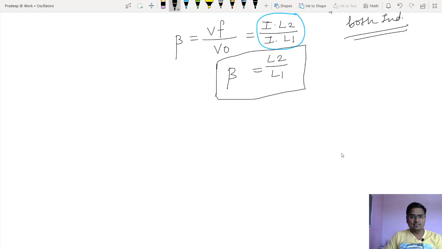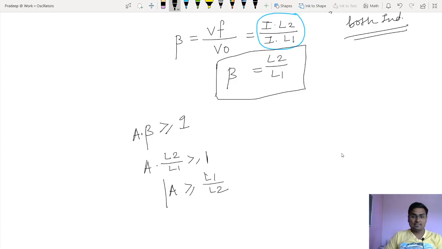Now Barkhausen said A beta should be greater than or equal to 1. What's the value of beta? It is L2 divided by L1, so A times L2 over L1 should be greater than or equal to 1. It means A should be greater than or equal to L1 divided by L2. That is what I need to satisfy if I want to design a Hartley oscillator.